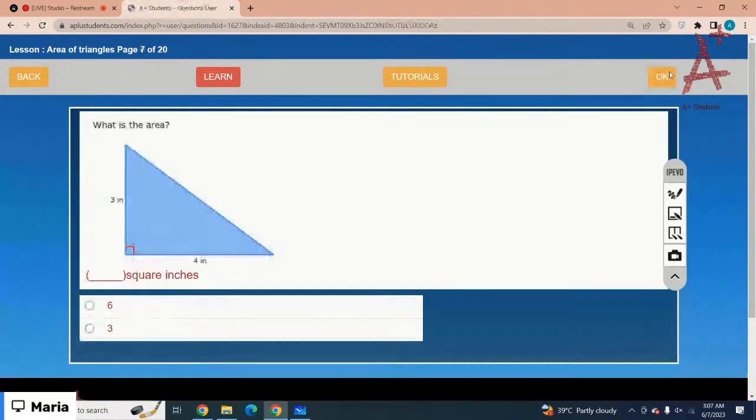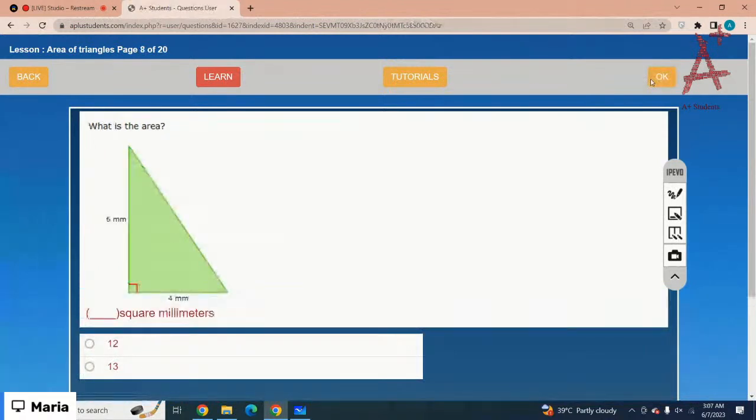Okay, what is the area of the triangle? 4 times 3 is 12, and 12 divided by 2 is 6. So it would be 6 square inches.